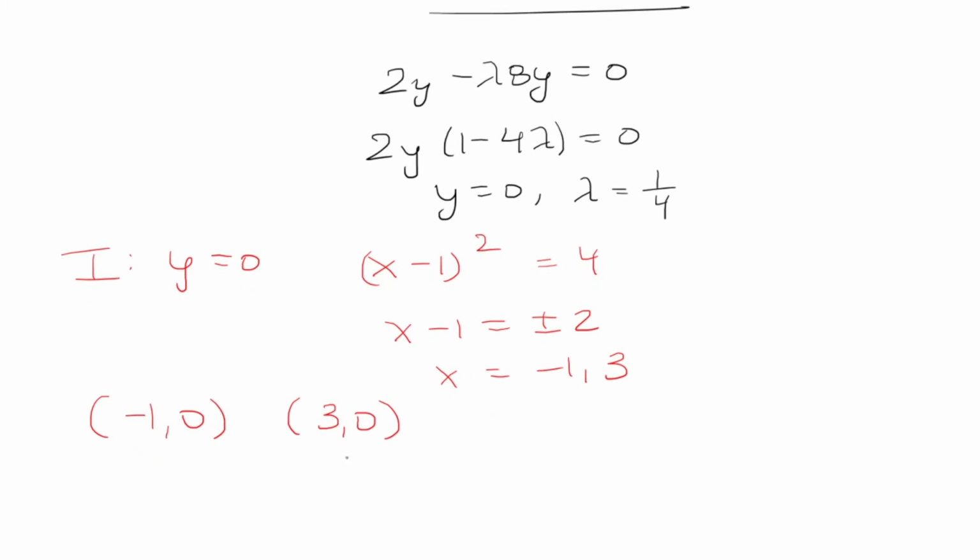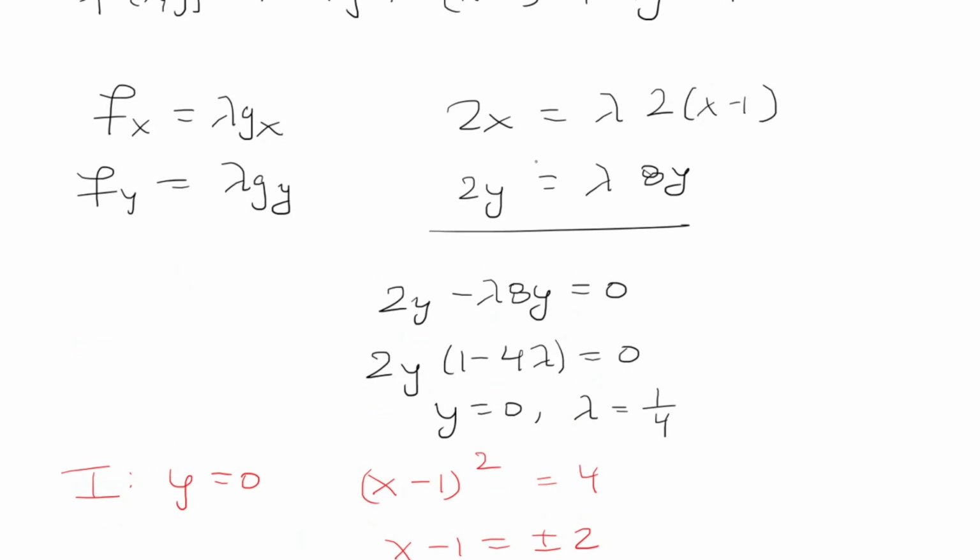So that's just using y equals 0, but now we could also use lambda equals 1/4. So for that, we have to look at the other equation, this first equation. So we have 2x equals 1/4 times 2 times x minus 1.